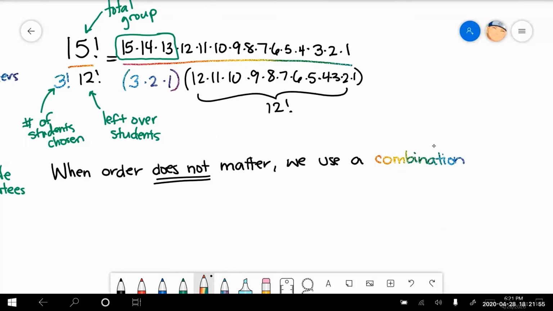And our combination formula is going to look like this. Similar to permutation, except now it's got a C for combination, and we're still reading it N choose K.